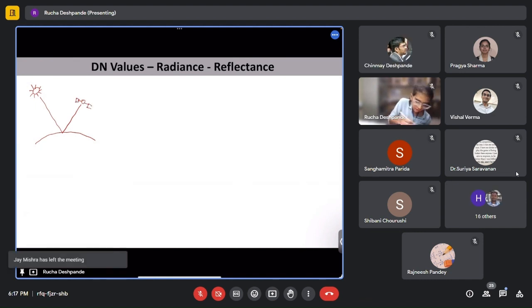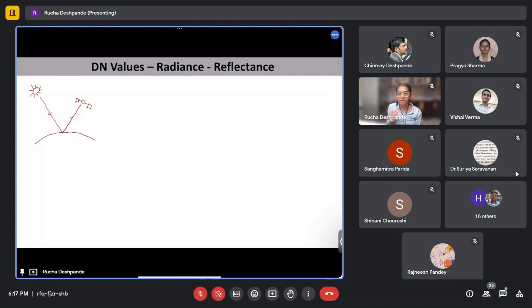Let's consider that this is the surface of Earth, which is being irradiated by the sunlight, and then it gets reflected from the surface and is sensed by the sensors in the satellite.